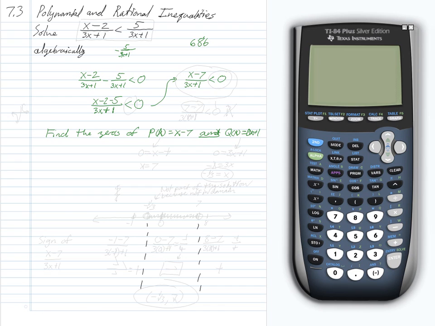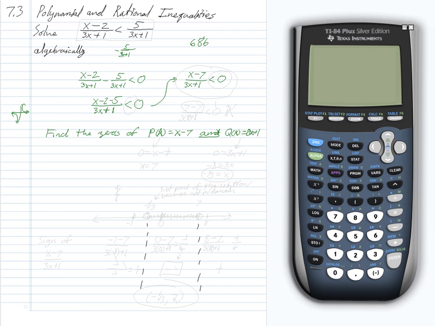They can go from being negative to positive or vice versa at their x-intercepts or at their asymptotes, right? 1 over x is negative to the left of its asymptote, and it's positive to the right of its asymptote. So that break in the function allows for it to change its sign.